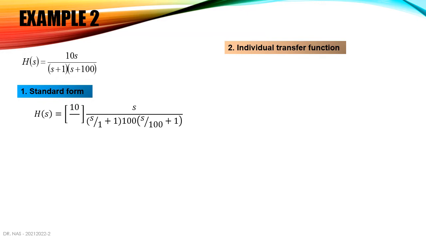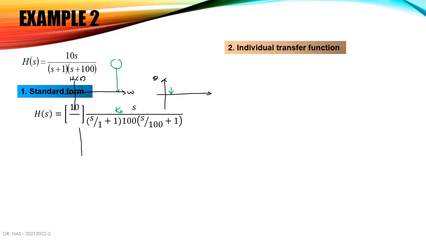So this is for the constant K naught. You'll see the constant here, and then you have a single s, meaning you have zeros at origin. At the bottom inside the bracket all s must be added by 1. So the first one, s divided by 1 plus 1, so this is poles at 1.